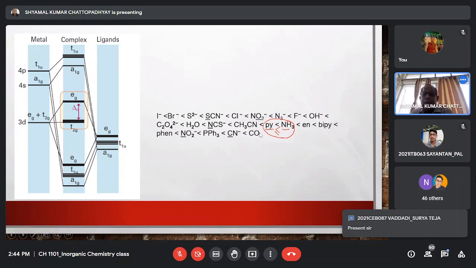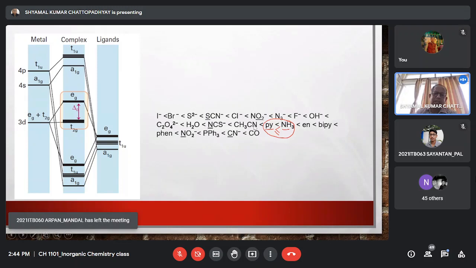And also carbon monoxide as such is a very weak base, a very weak sigma donor. So why is carbon monoxide such a strong crystal field splitter, right? Why does carbon monoxide have one of the strongest crystal field splittings? That cannot be explained by this very simplistic MO diagram.